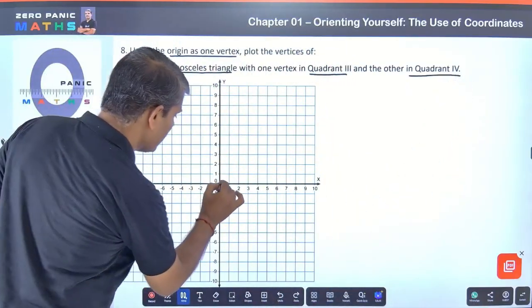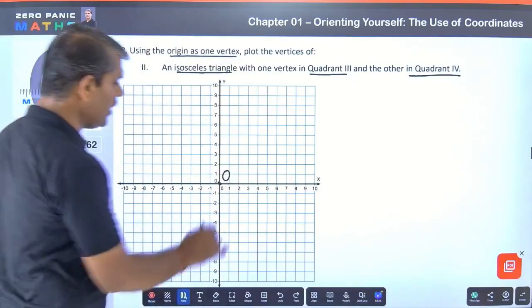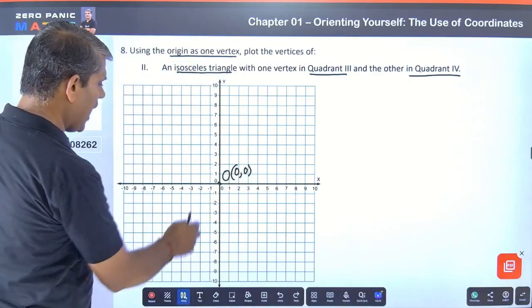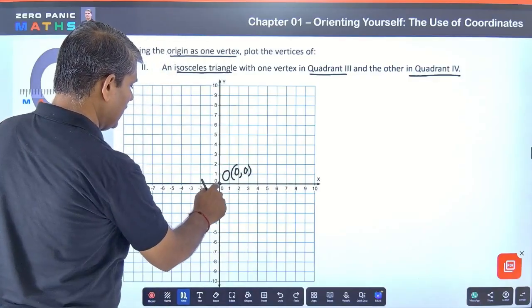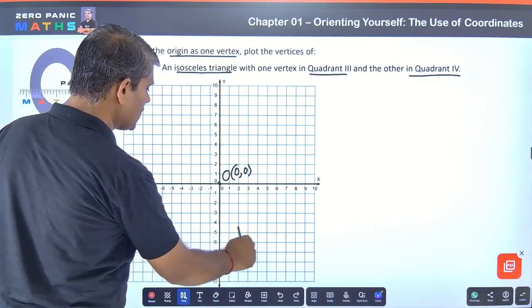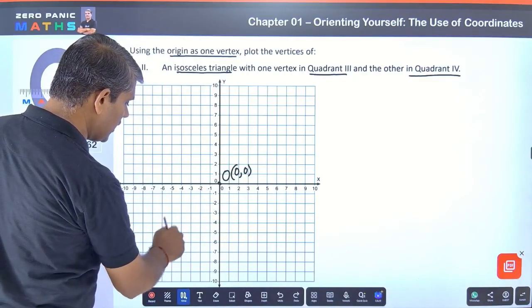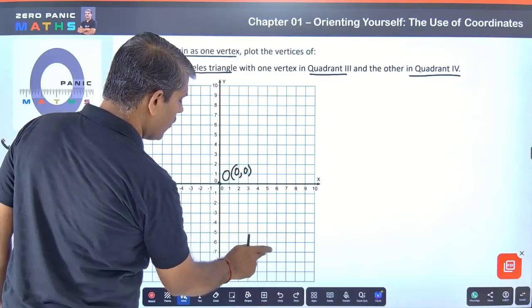It means that suppose this is O, 0 0. Now we have to draw a triangle such that it becomes an isosceles triangle, and the second vertex will be in the third quadrant, and the third vertex will be in the fourth quadrant.